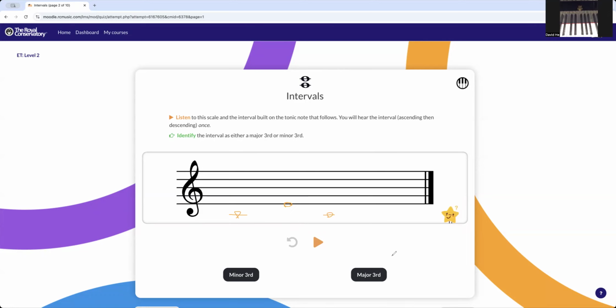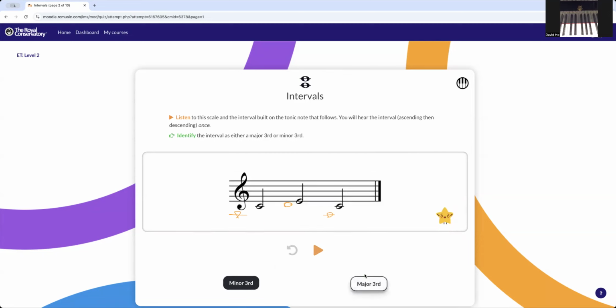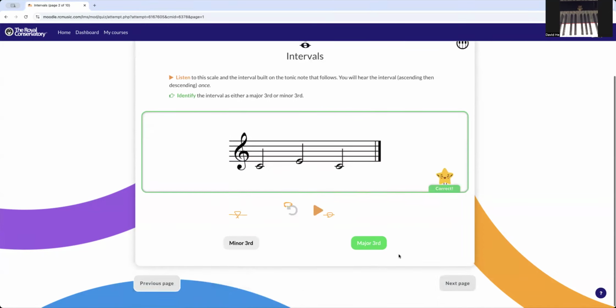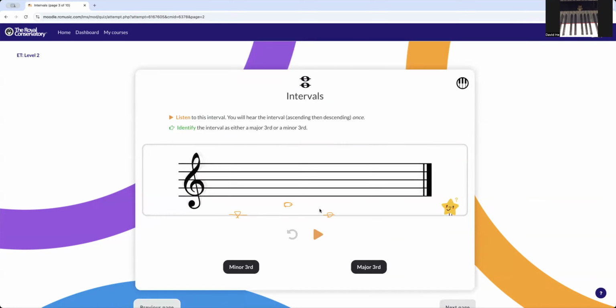C, E, and C. Okay, perfect. C and E and C. Sorry, this one could be a little bit up in here. Okay, perfect. Let's keep going.